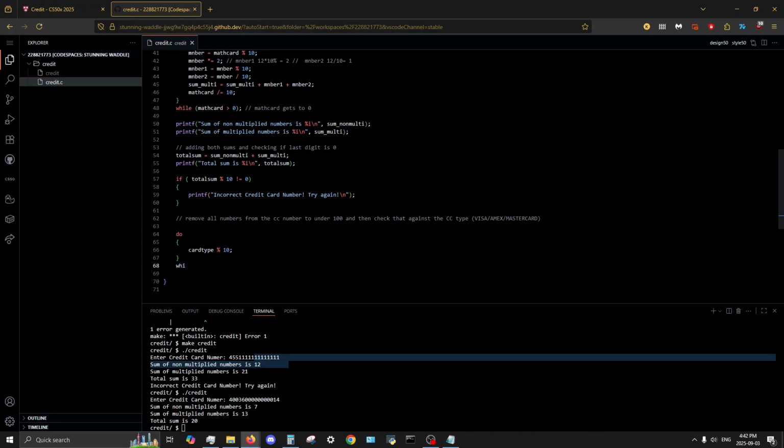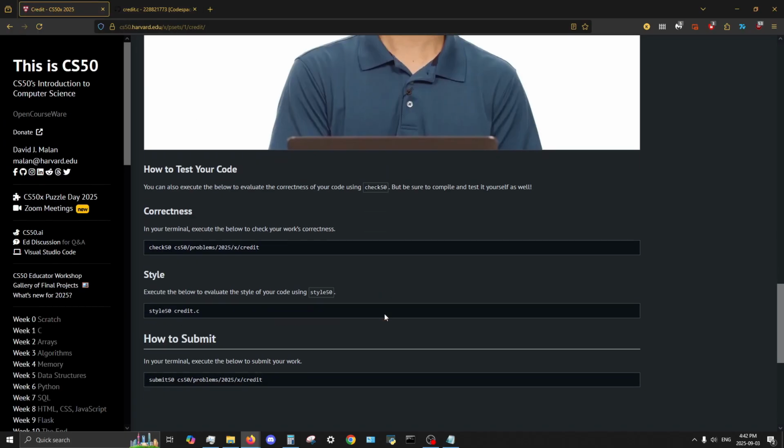While card type is greater, I need 9? No. 100. So the numbers that I want are.